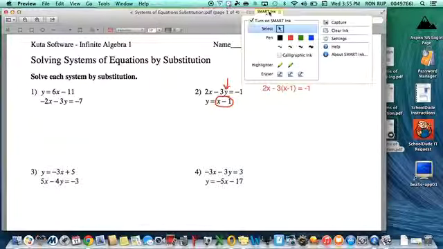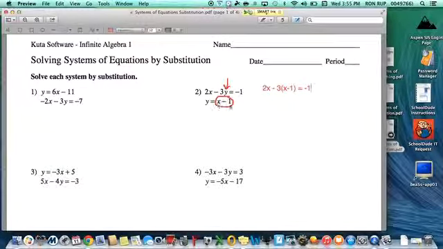See, all I did was take this x minus 1 and put it in for that y. So this parentheses, this x minus 1 here, took place of that y. And that's what substitution is.